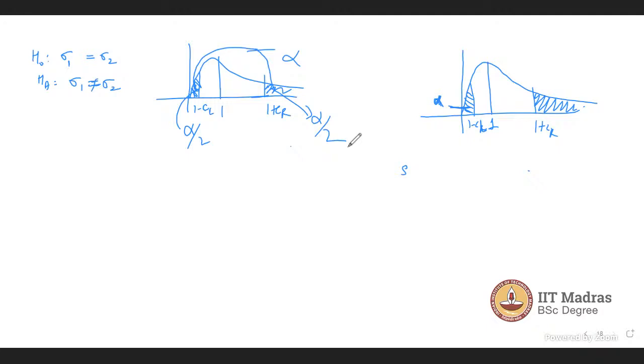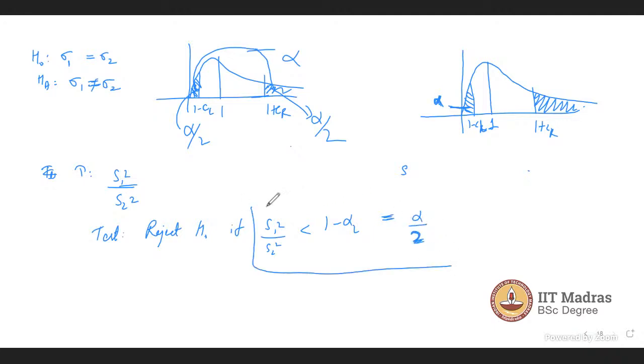And if you take your test statistic to be S1 square upon S2 square, the test is to reject H naught if S1 square upon S2 square is less than 1 minus CL, so you find this as alpha by 2 level of significance.